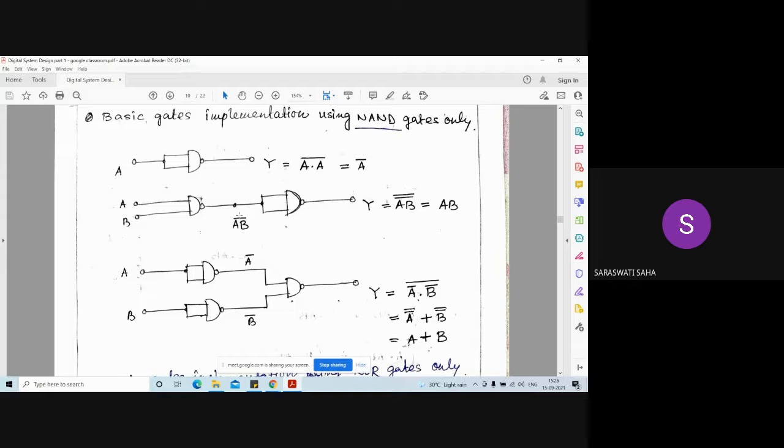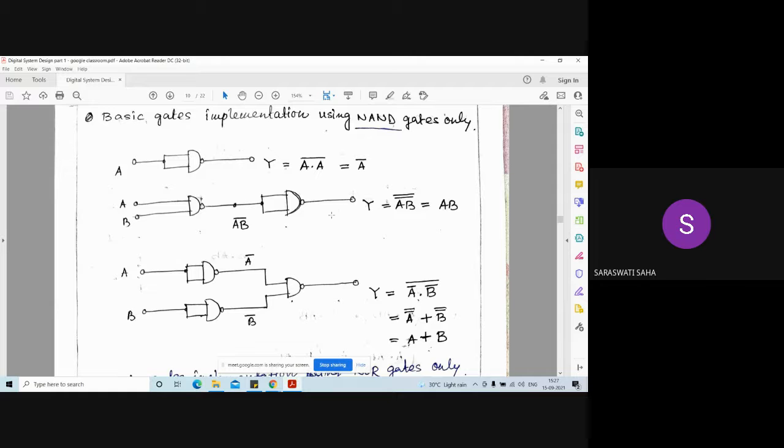AB bar was already there, then it will give us AB double bar. So finally we will get AB. So this portion gives us the equivalent operation of AND. In this way we can implement the AND gate using two NAND gates.